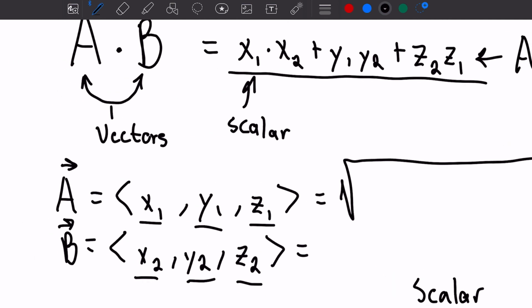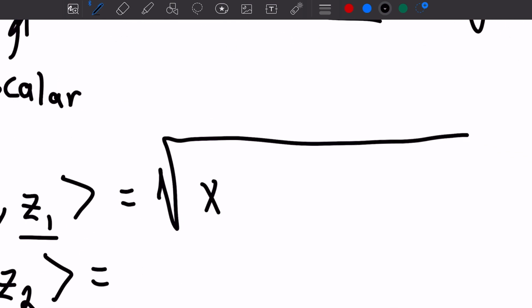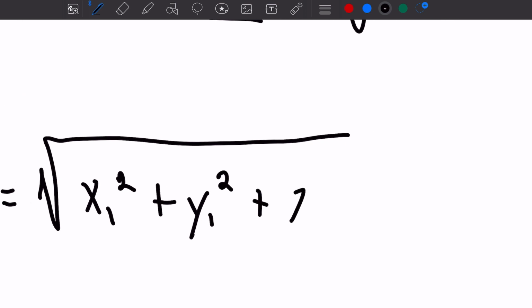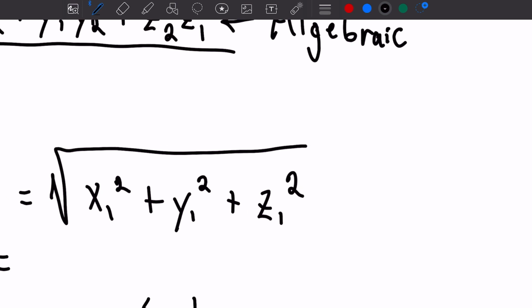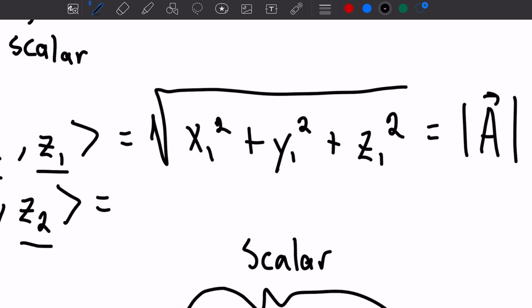By that, I mean we're going to take our x1 component and square it, add our y1 component squared, and then also our z1 component squared. And this right here will be equivalent to the magnitude of vector A.